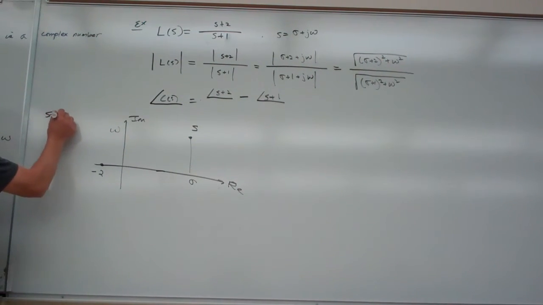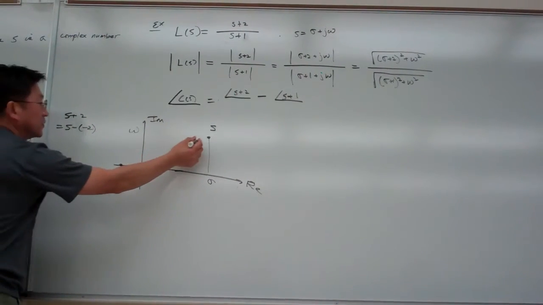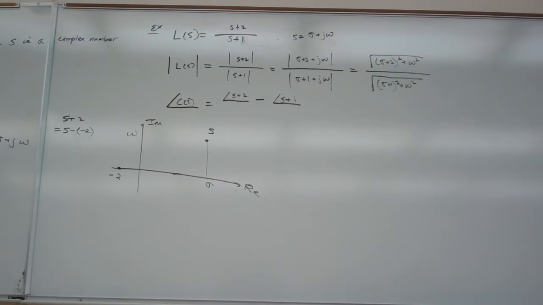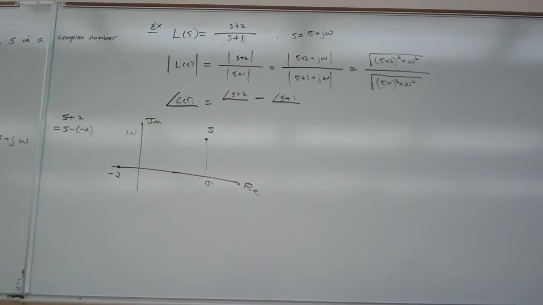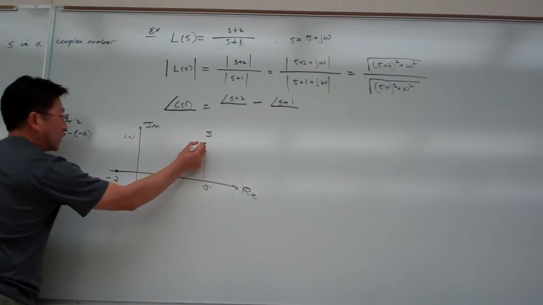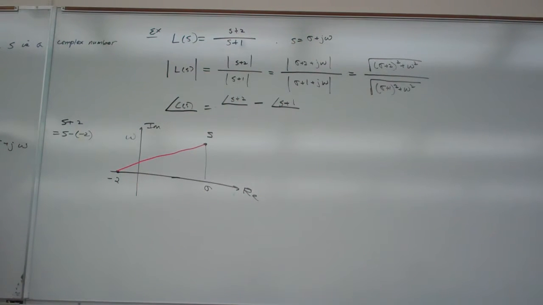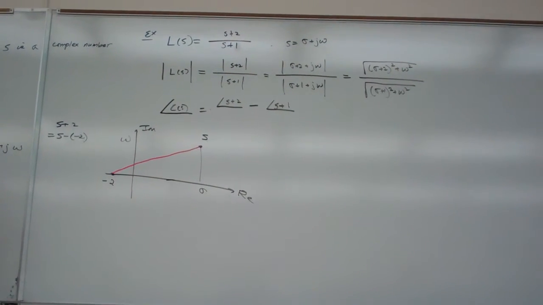Here s plus 2 basically is s minus this one. So that means the difference between the two complex numbers. In our complex plane, if you really want to illustrate it geometrically, it is this.